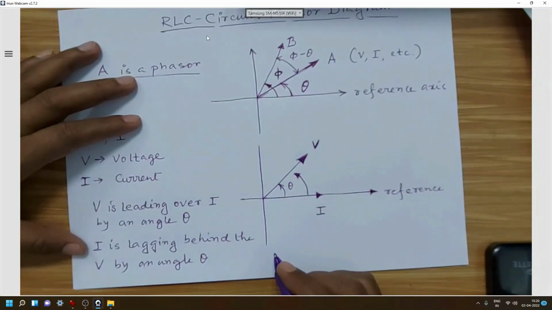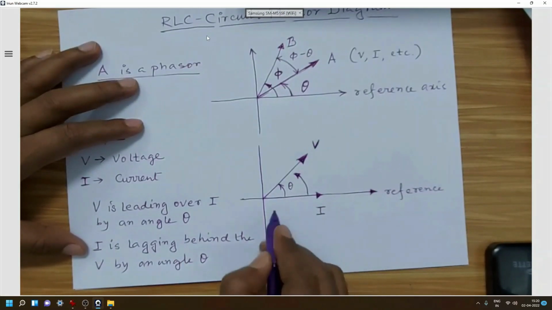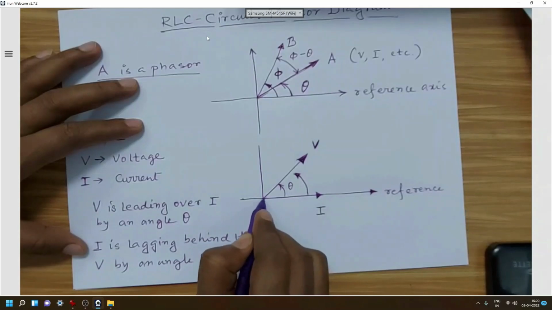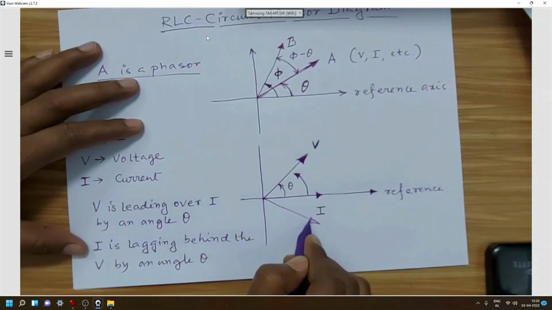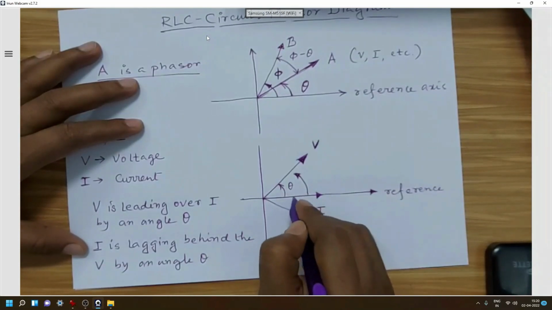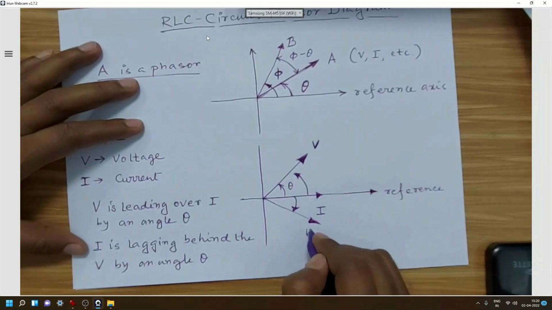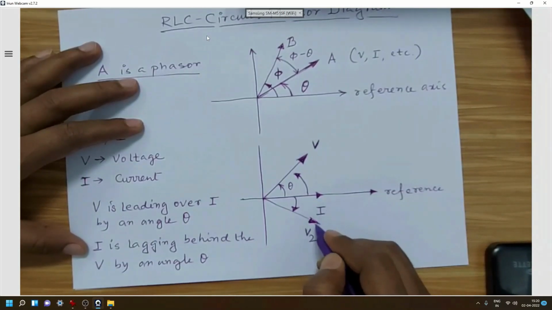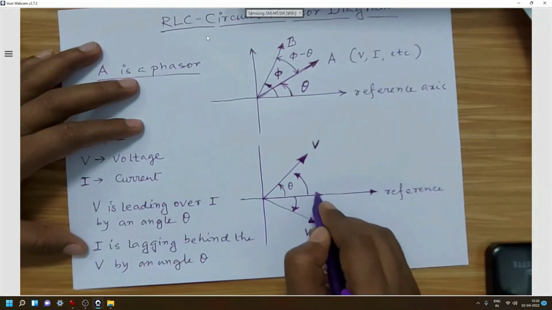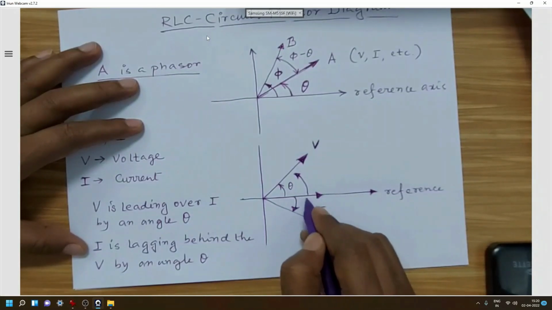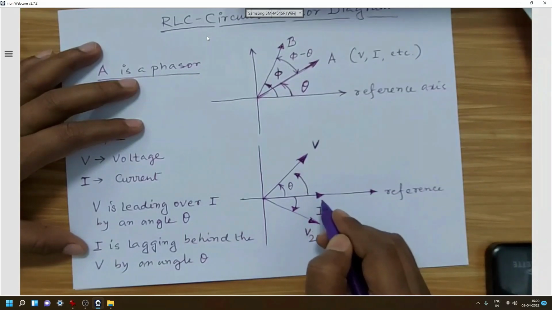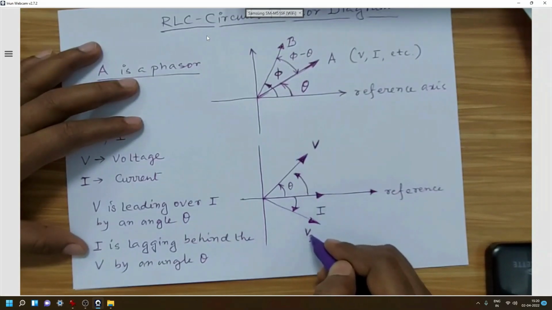So this is by convention, and if we get any other phasor found after moving towards the clockwise direction, say this is V2, then V2 will be lagging behind I, and I will also be called leading over V2.